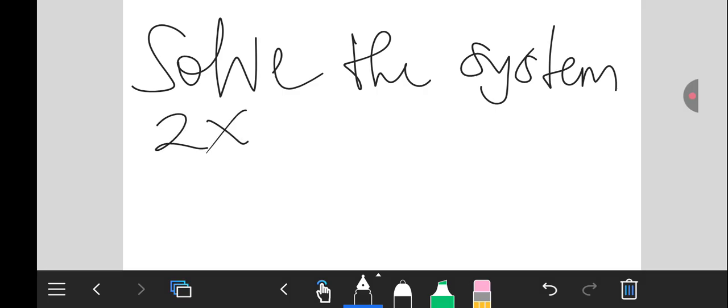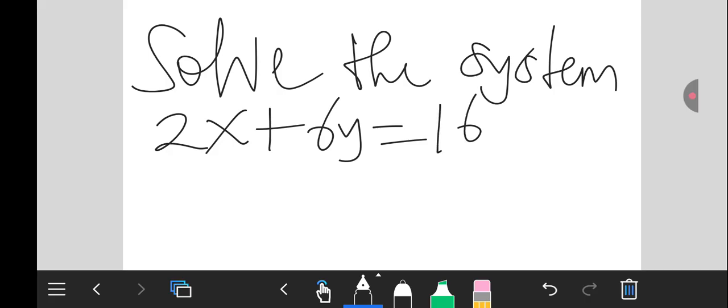So we have 2x plus 6y to be equal to 16. That is one equation.